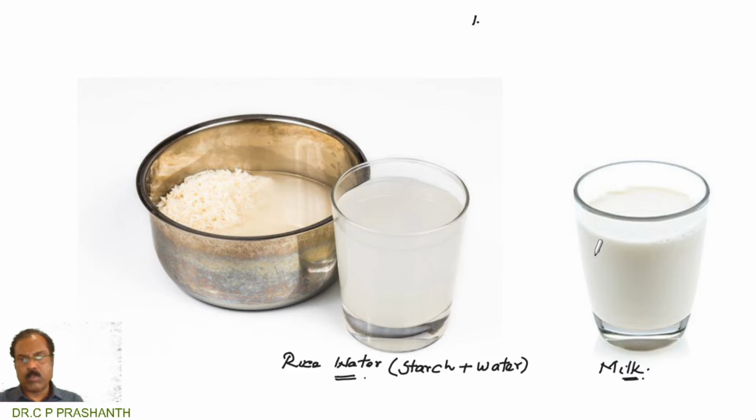As we can easily understand, this cannot be transparent. Neither is it opaque. This will be partially allowing the light to pass through it. So this is translucent. Translucent means light passes through it but not completely, only partially.